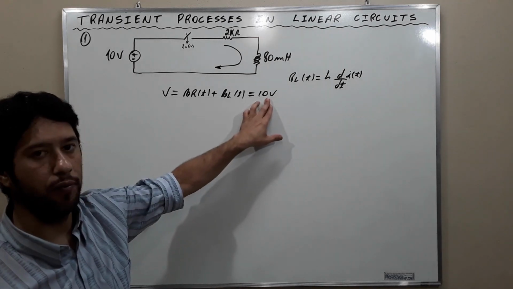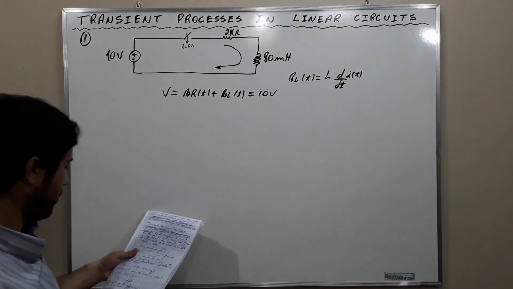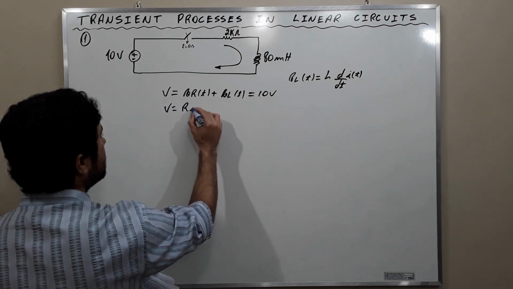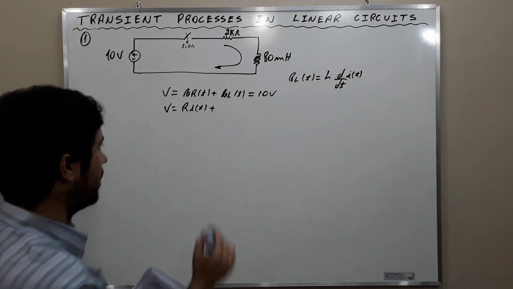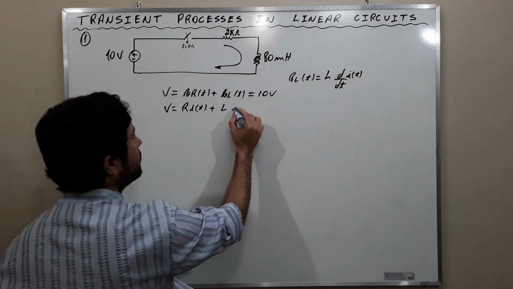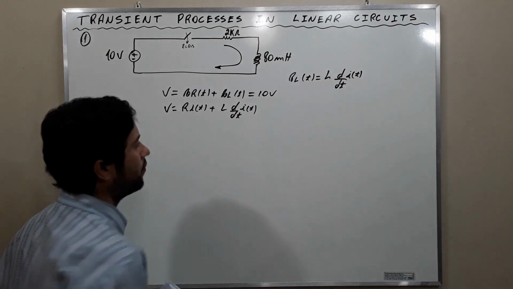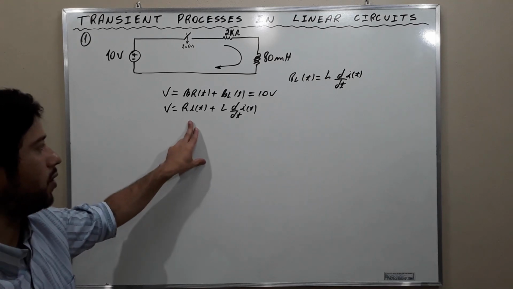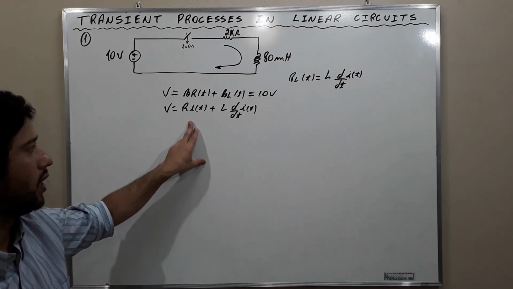Let's forget the number and work with V. V is equal to R times I of t plus L times the derivative with respect to time of the current. This is the differential equation that we are going to work on.